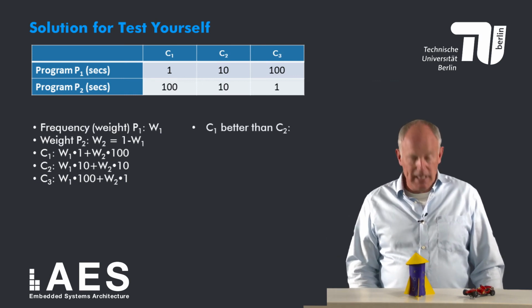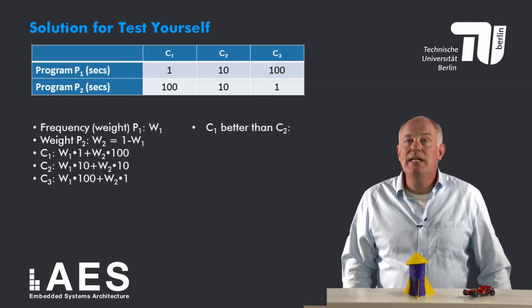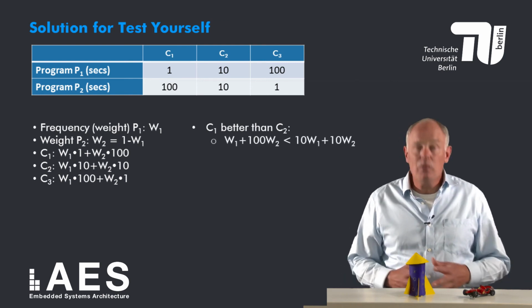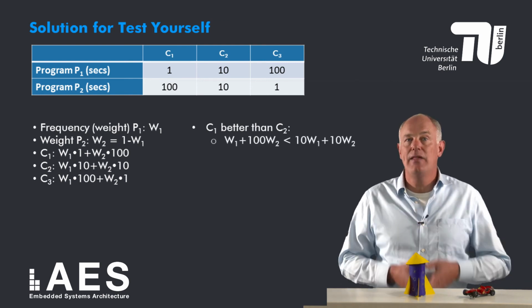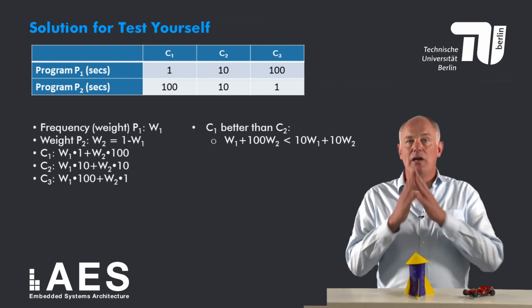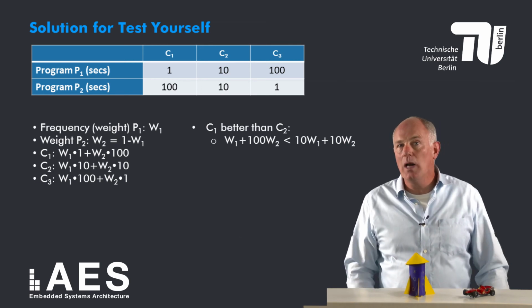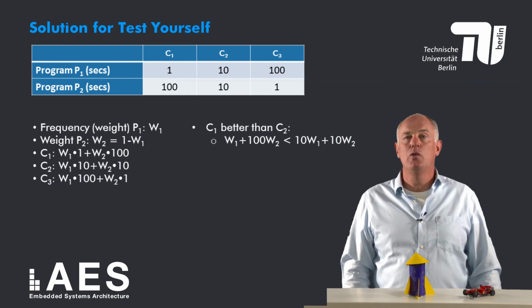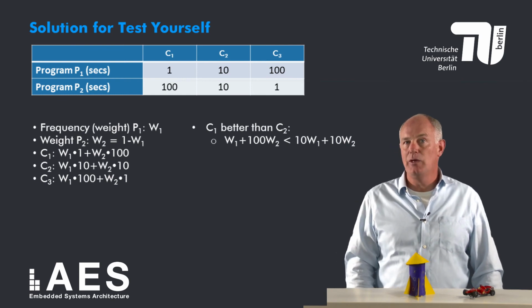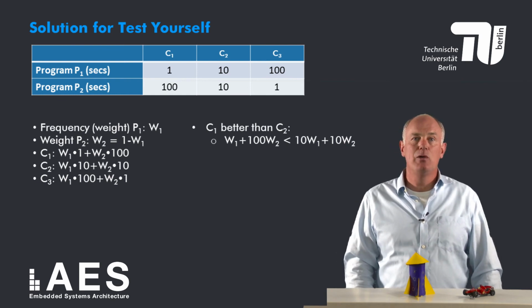Now CPU C1 is better than C2 if its weighted arithmetic mean is less than the weighted mean of C2. In other words, if W1 plus 100 W2 is less than 10 times W1 plus 10 times W2.